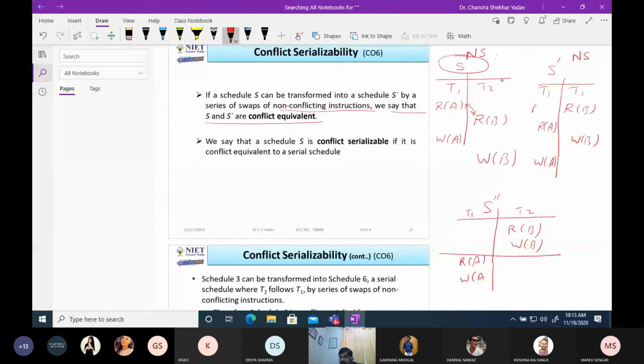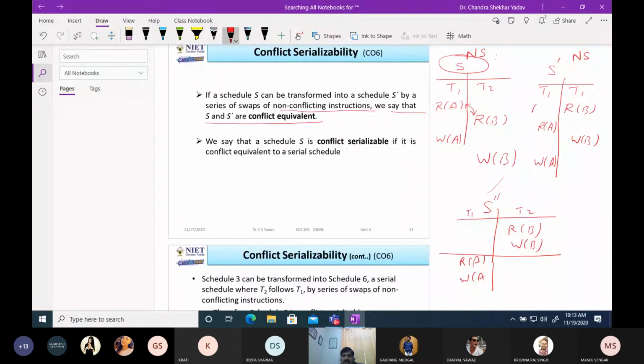If after swapping we get another non-serial schedule, then both are called conflict equivalent. But after swapping non-conflicting instructions, if we get a serial schedule without affecting the end result, then we say that the non-serial schedule is conflict serializable. Why? Because it is conflict equivalent to a serial schedule.